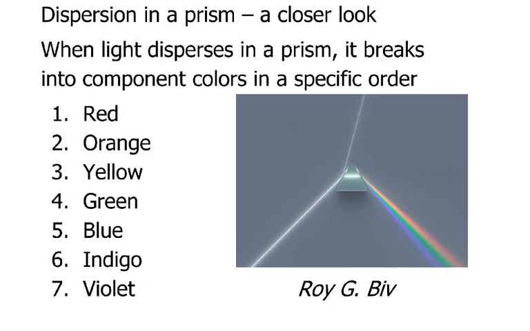There's a little mnemonic device for remembering this, and it's called Roy G. Biv. It's like somebody's name, Roy G. Biv. Red, orange, yellow, green, blue, indigo, and violet. And that starts at the wavelength, the frequency that bends the least, which is red, and then the frequency that bends the most is violet.